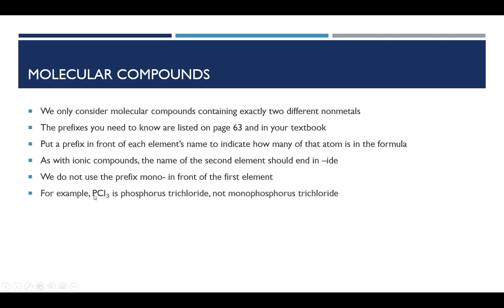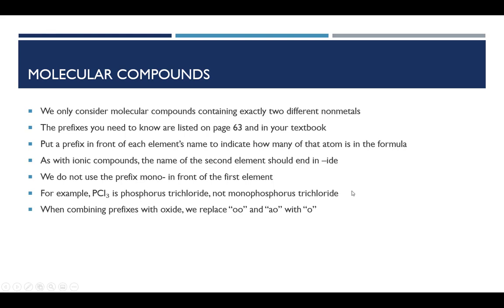In this case, we have 1 phosphorus and 3 chlorines, so it's going to be phosphorus trichloride. You'll notice there's the prefix tri. And we don't say monophosphorus trichloride, so you'll never see that mono in the front.